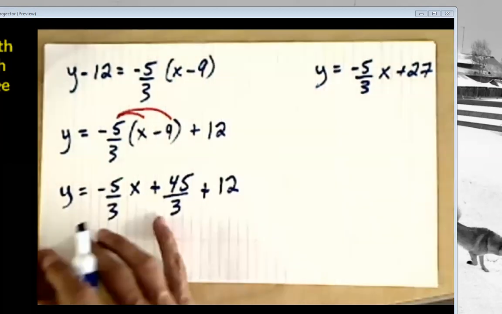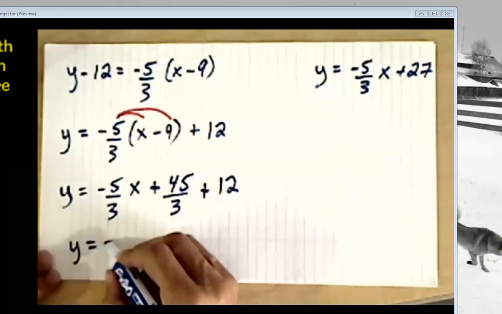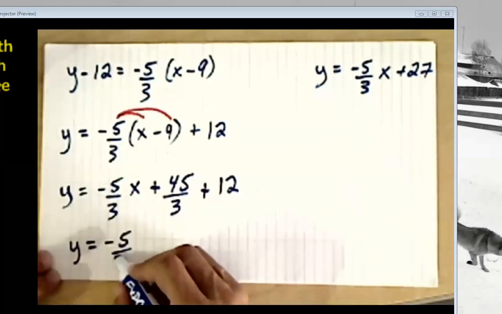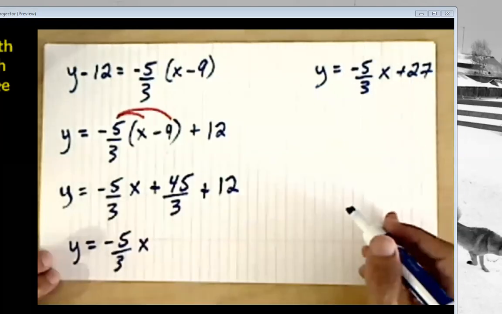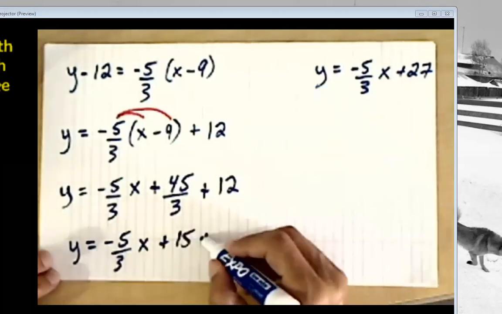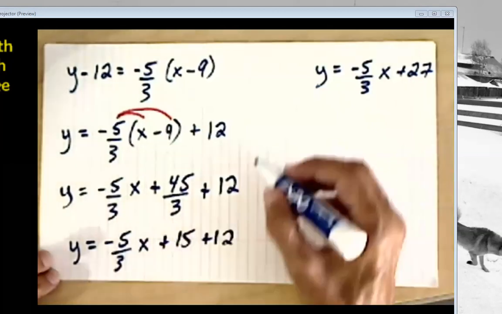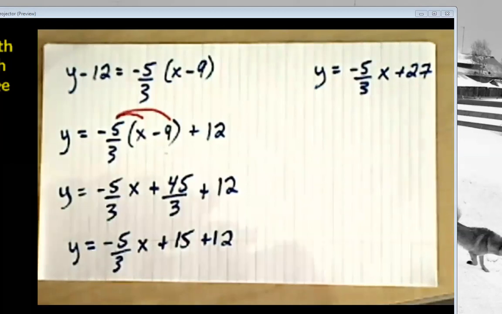Right. And as you might hopefully know, 45 divided by 3, still 15. And then the plus 12 there, right? And so do we make it through to the other side?